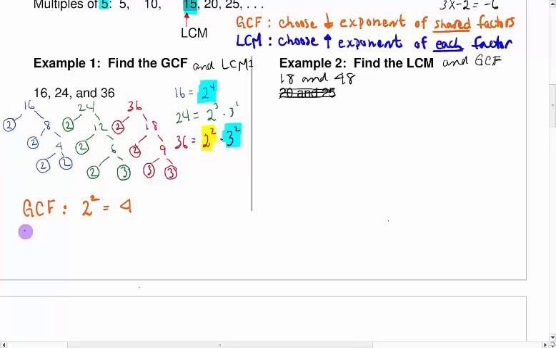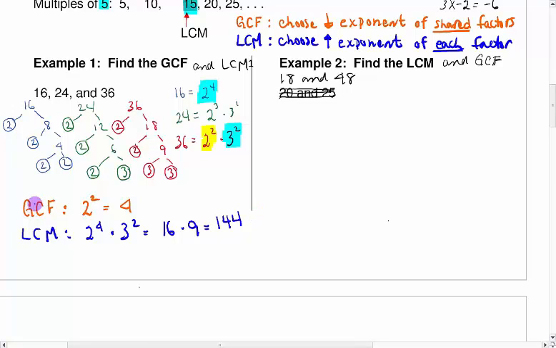So our LCM then is going to be 2 to the 4 times 3 to the 2, which is 16 times 9, right? Because 2 to the 4 is 16 and 3 to the 2 is 9, and that gives us 144.